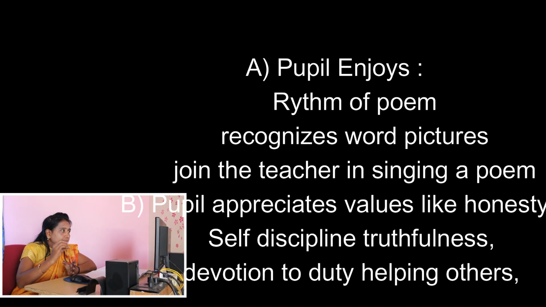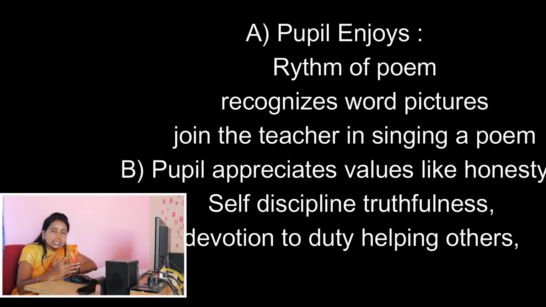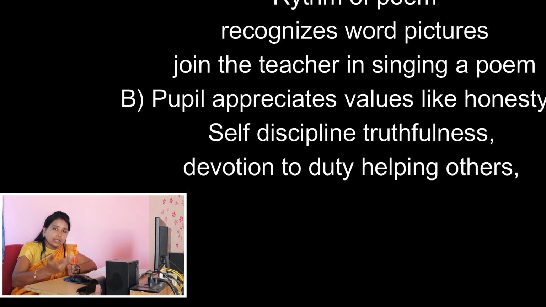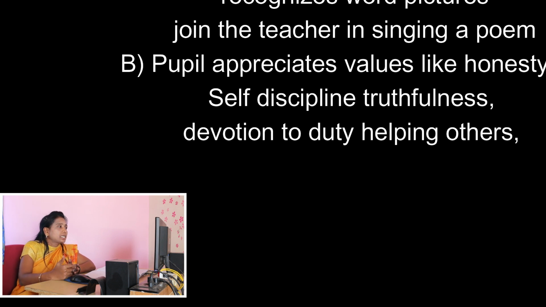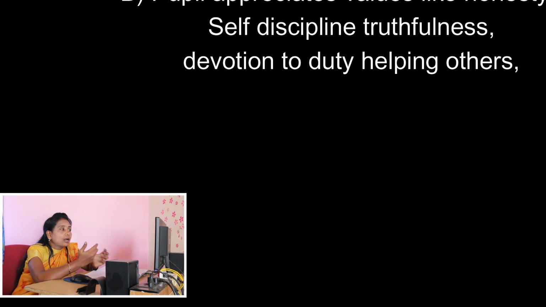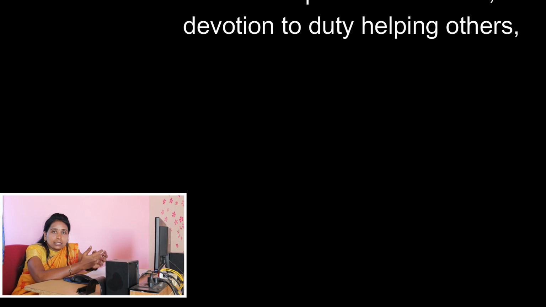And the pupil appreciates values, for example truthfulness, honesty, and helping others. These are all high quality values. Children should learn to respect the values. These all come under appreciation.